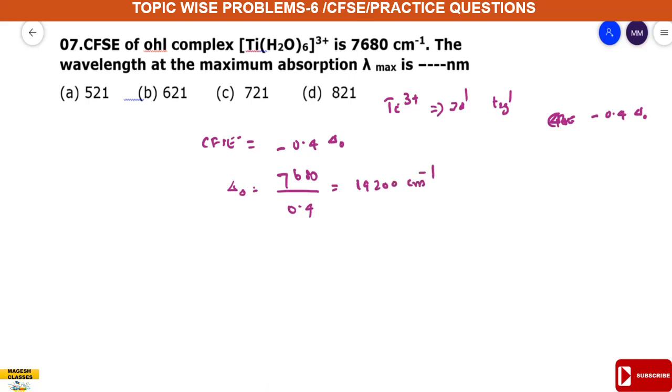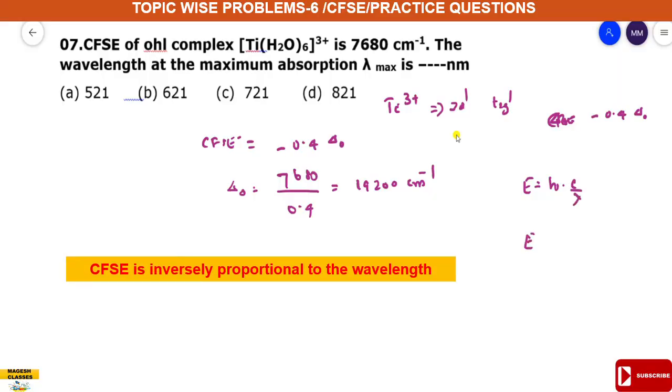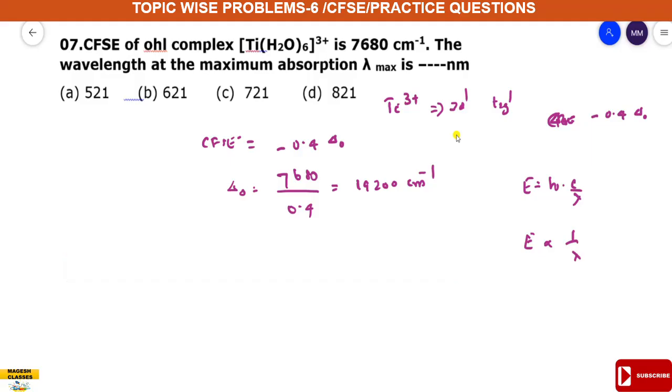To find lambda max, the formula is E equal to h nu, or h into c by lambda. So energy and lambda are inversely proportional: energy increases, lambda decreases. The energy in centimeter inverse is equal to 1 by lambda.